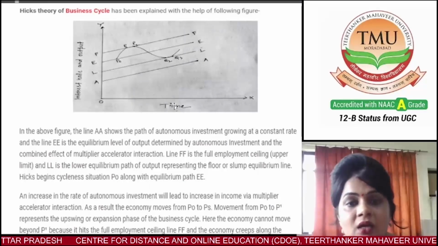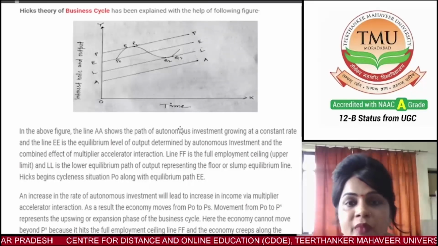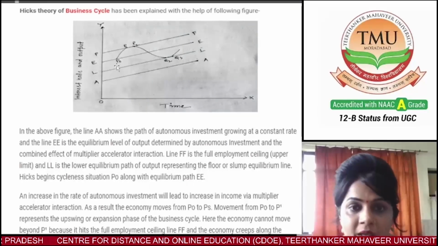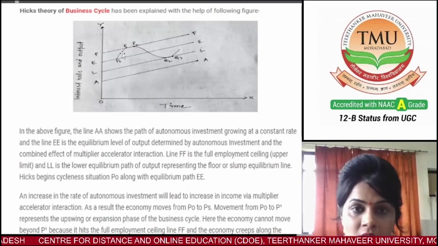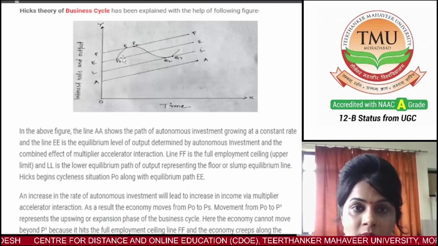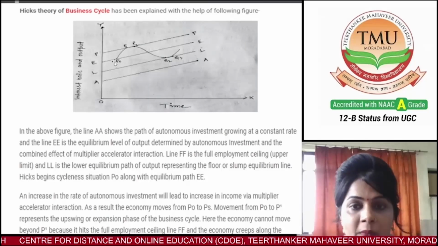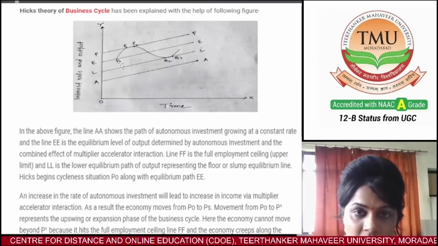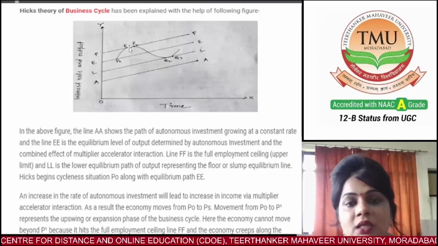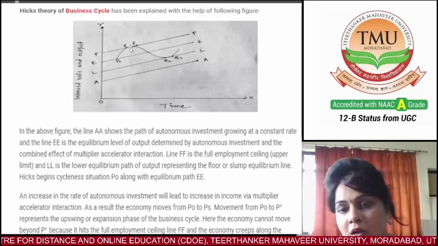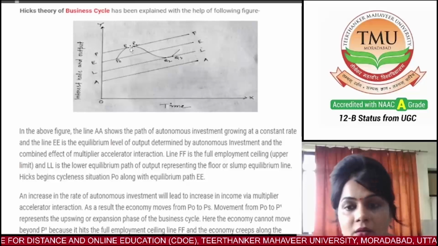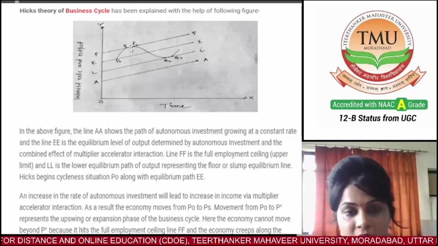The cycle begins at position P0 along with the equilibrium path EE. An increase in the rate of autonomous investment will lead to an increase in income by the multiplier accelerator interaction.